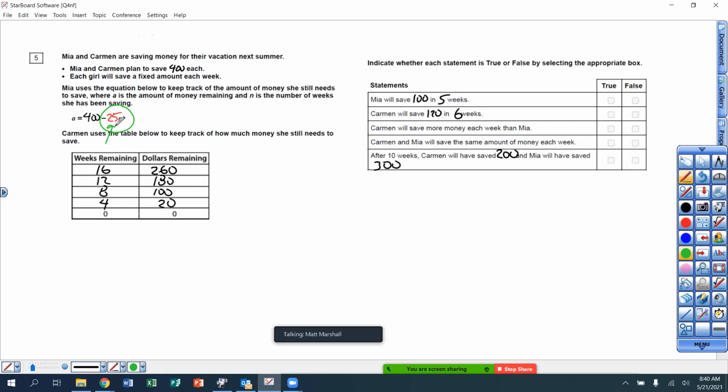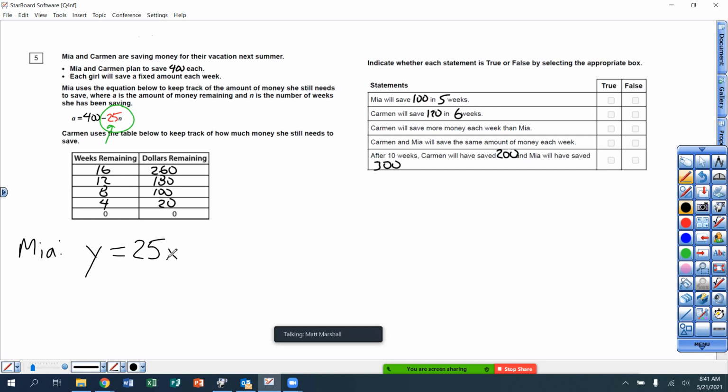So if I wanted to write Mia's equation, I'm telling you, it's just going to be y equals that rate of change number right there. Don't put negative, though. You want to put the positive form of that, because we're not going to do a negative slope here. We're going to rearrange it and make it go through the origin, proportional, with a positive slope of 25. And I just got that from that. But again, don't be putting negative there.